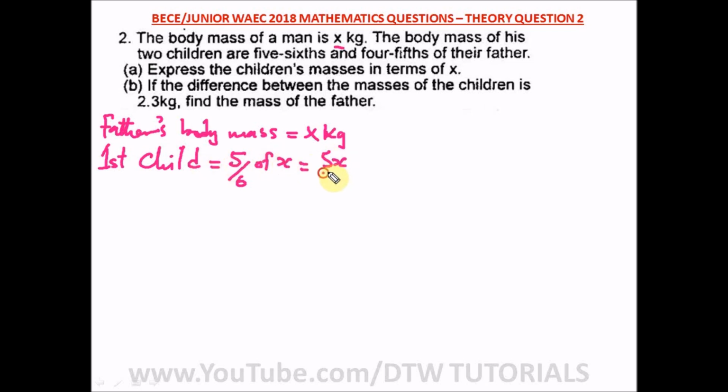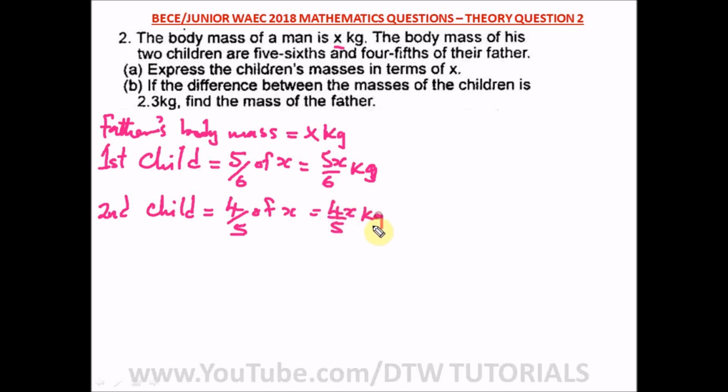You just multiply. This is what it means. And the second child is 4/5 of their father. So let's say second child is equal to 4/5 of x, which is equal to what?